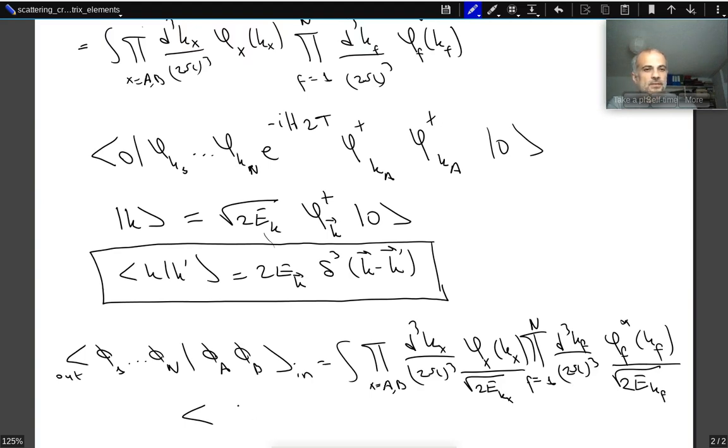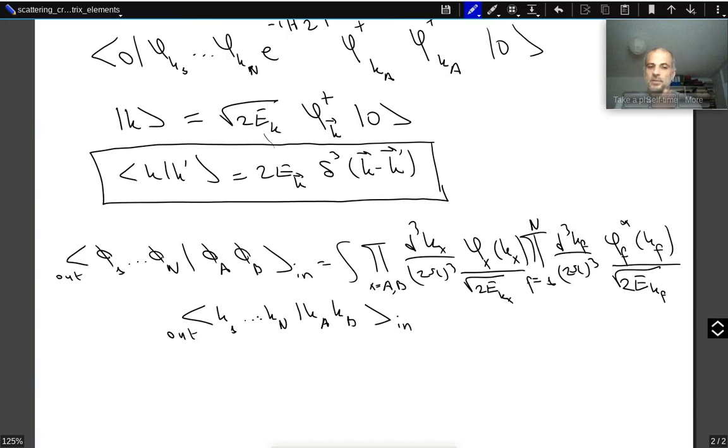And here I have the k1, kn, this out state, and I have Ka, Kb, the in state. So this is actually the matrix element of states of definite momentum, but in reality we have these wave packets, so this is why we have all these integrals appearing over here.